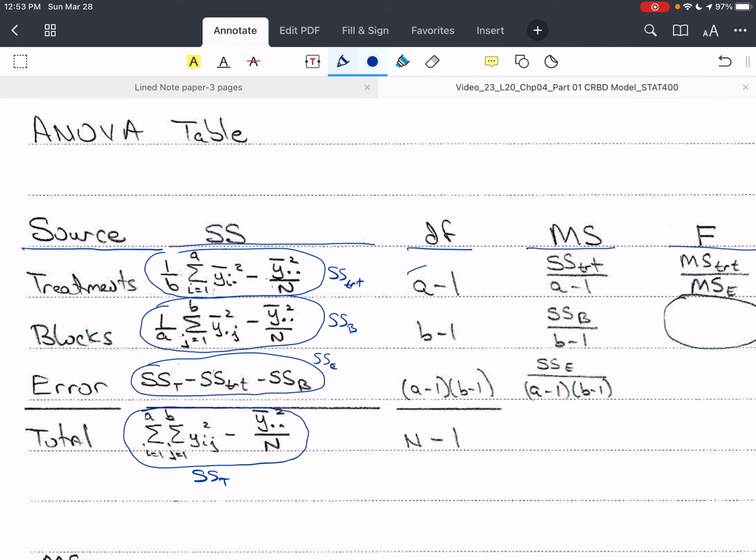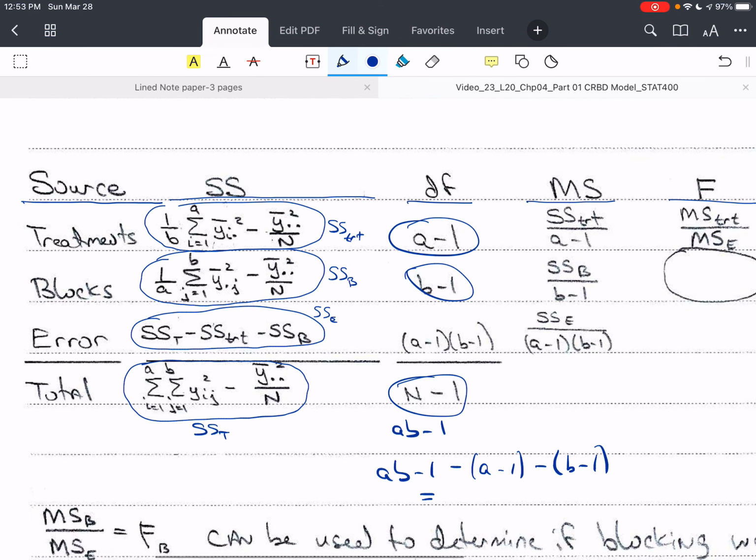The degrees of freedom are A minus 1, B minus 1, N minus 1, which is AB minus 1 in this case. And if you take AB minus 1 minus (A minus 1) minus (B minus 1), you can rearrange this and see that it's equal to (A minus 1)(B minus 1) if you factor it correctly. So a little bit of algebra will get you there.